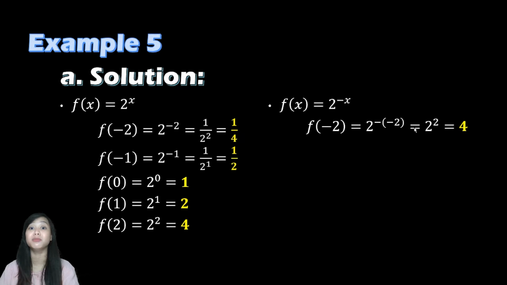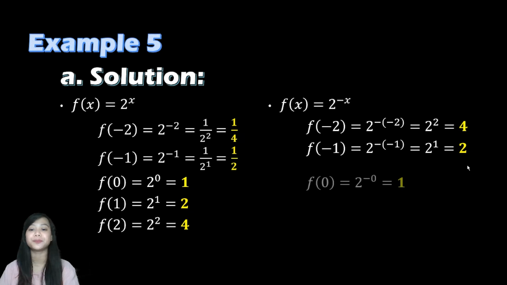Negative of negative 2 is positive 2, so we have 2 raised to 2, which is equal to 4. For f of negative 1, x is negative 1. Double negation equals positive, so we have 2 raised to 1, that is equal to positive 2.